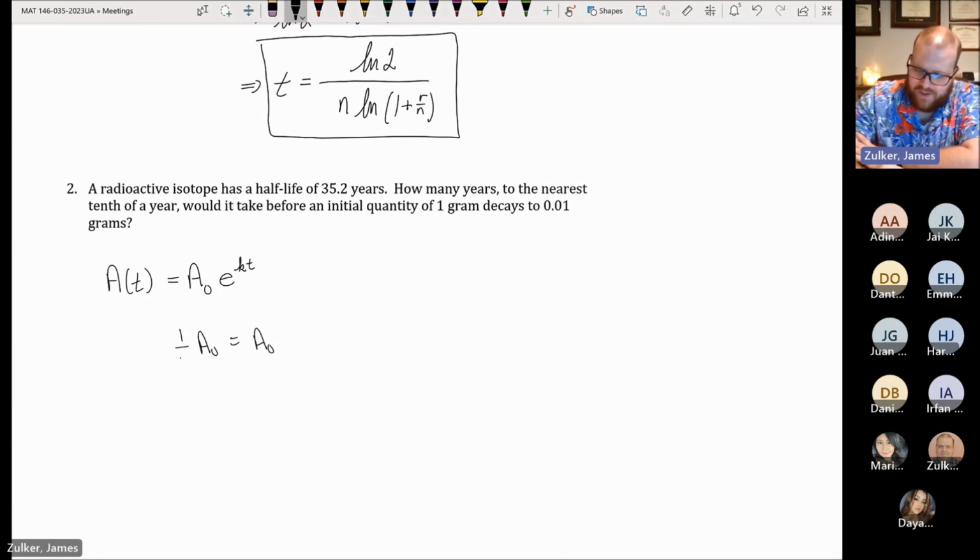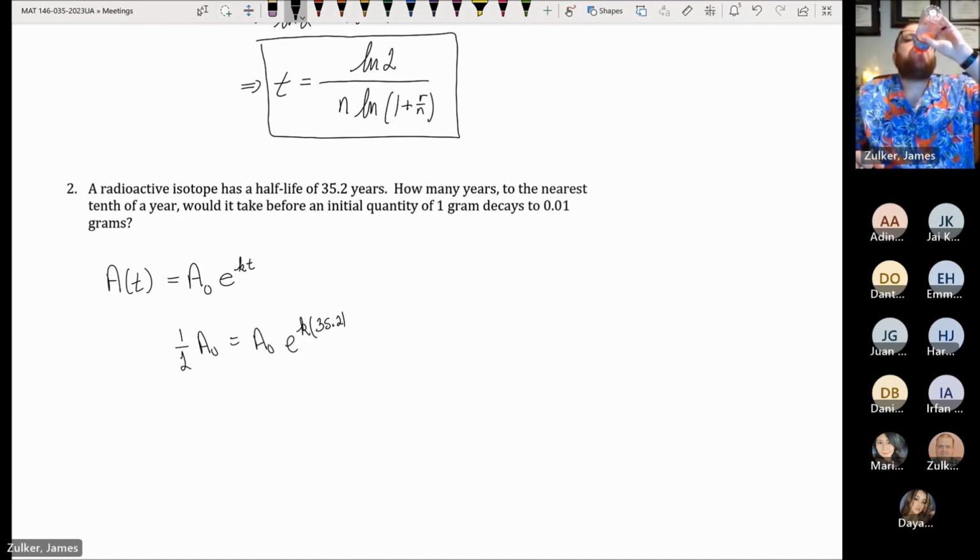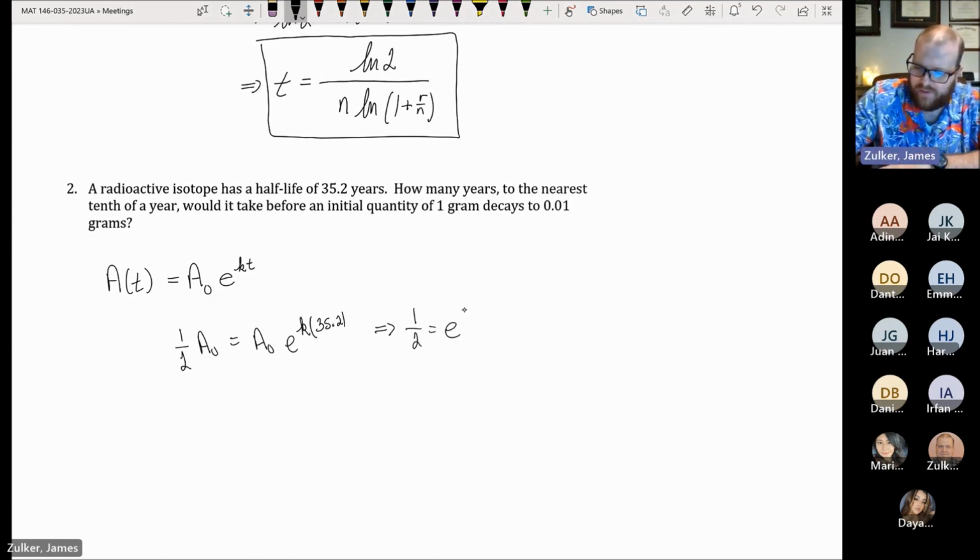I don't know why I wrote 0.5. I want 1/2. So we know that we're going to be left with 1/2 the original amount after 35.2 years. That means that 1/2 will have to be e to the 35.2k. Now, let me write this first.